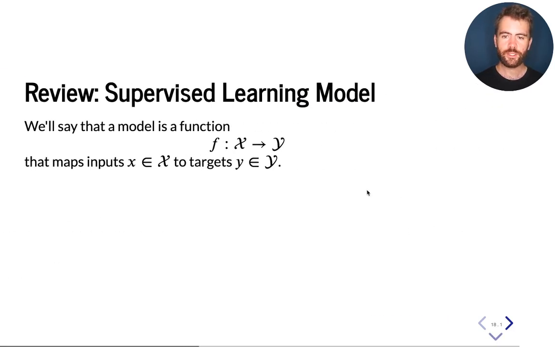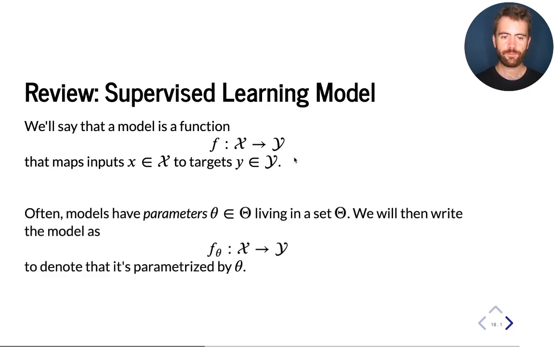So recall that in our lecture on supervised learning, we defined what a supervised learning model was. And we said that this is a function f mapping inputs x to targets y. And then we saw that models often have parameters theta, and we use the following notation to say that f is parametrized by theta, which means that each instantiation of the parameters defines a model, a particular mapping from inputs x to targets y.